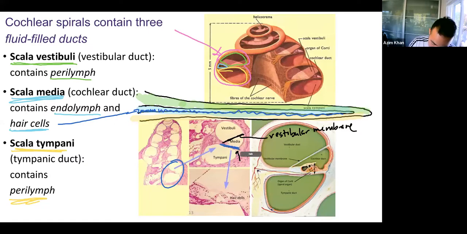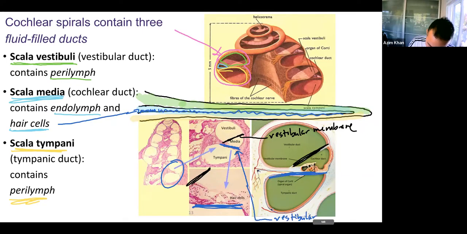This bottom part down here is called the vestibular membrane. Those are what's separating the three different compartments.